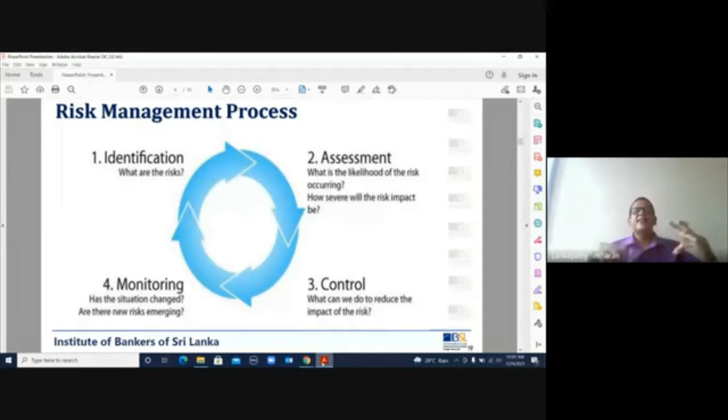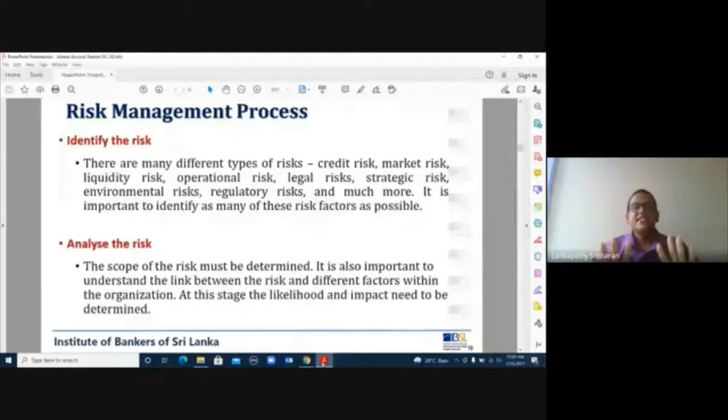In some cases they divide it into 5. But the generally accepted steps are 4: identification, assessment, controlling, and monitoring. We are going to see that in a very detailed manner.